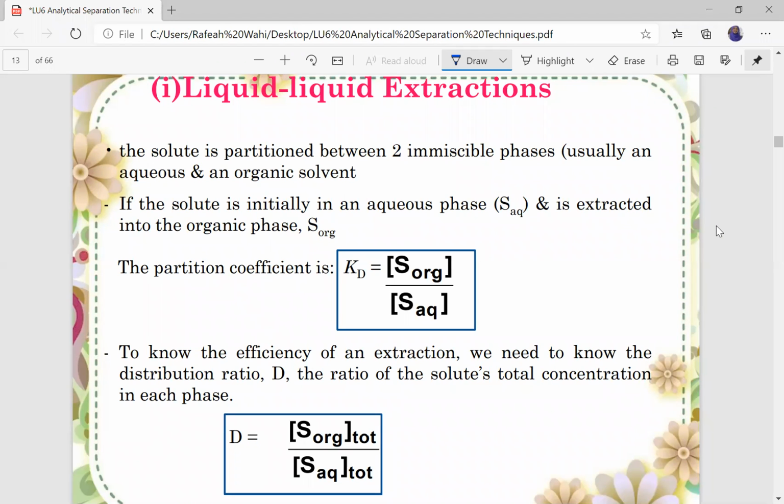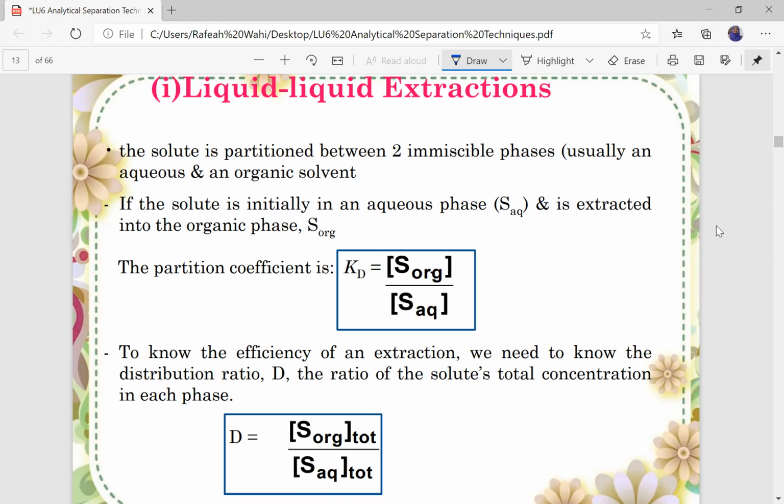So if the solute is initially in an aqueous phase, which is S AQ, and is extracted into the organic phase, which is S ORG, ORG means organic, AQ means aqueous, the partition coefficient is KD equal to the concentration of the solute in the organic phase divided by the concentration of solute in the aqueous phase.